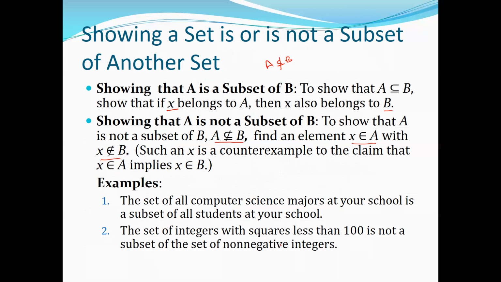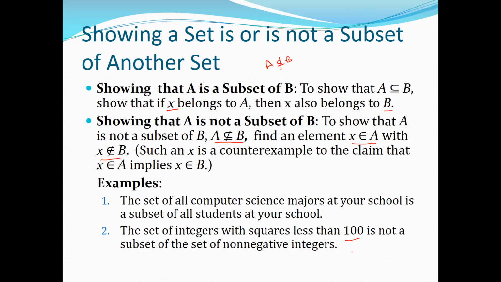The set of integers with squares less than 100 is not a subset of the set of non-negative integers, isn't it? So the set of integers with the square less than 100: for example 2, 3, 4, 5, 6, 7, 8. Many integers have a square less than 100, not the square root, the square is less than 100.